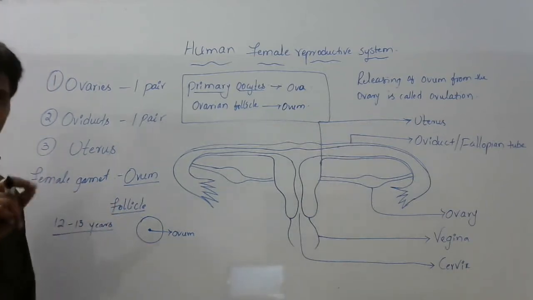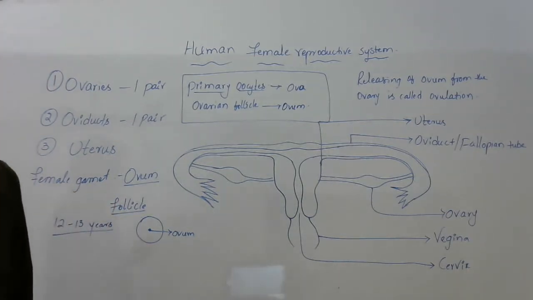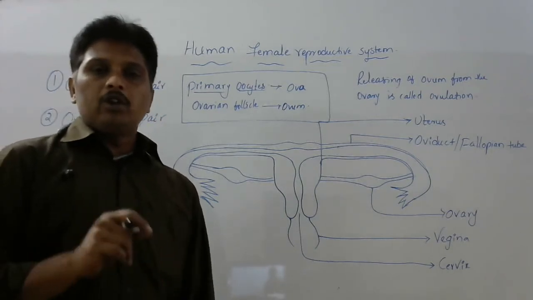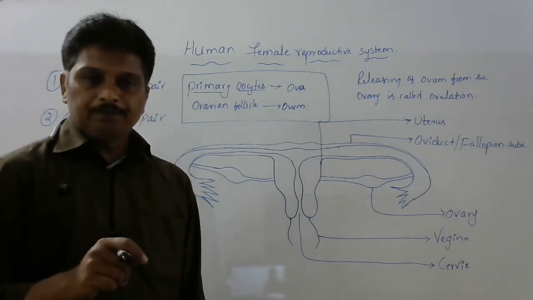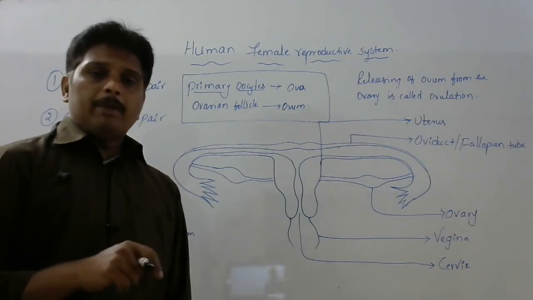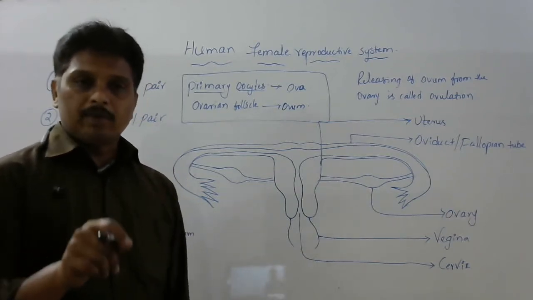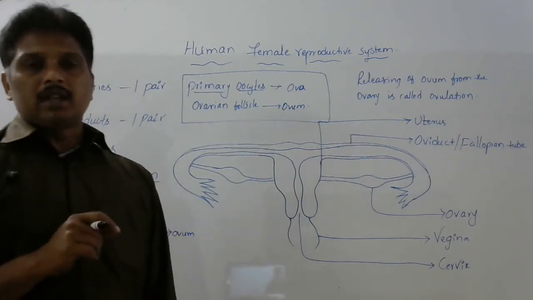Now I want to recall the male reproductive system. In males, the production of male gametes, spermatozoa, takes place from the onset of puberty, that is, 13 to 14 years onwards.